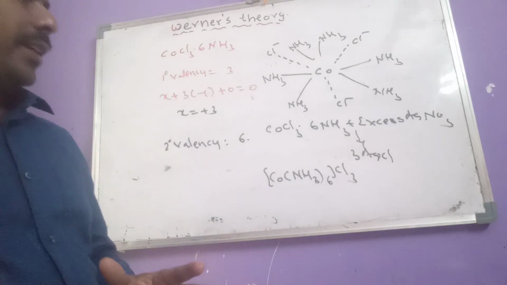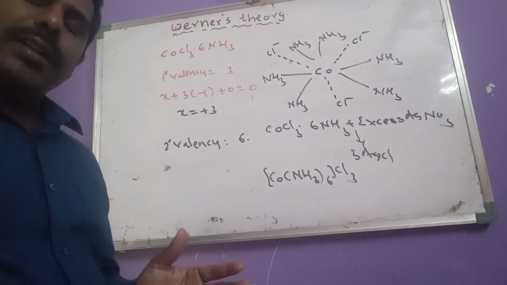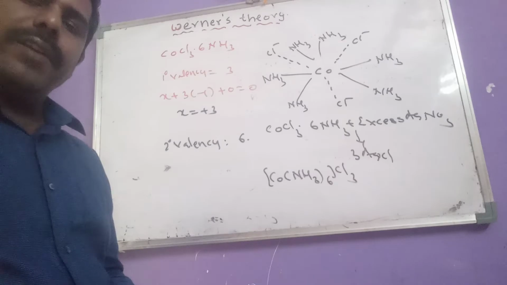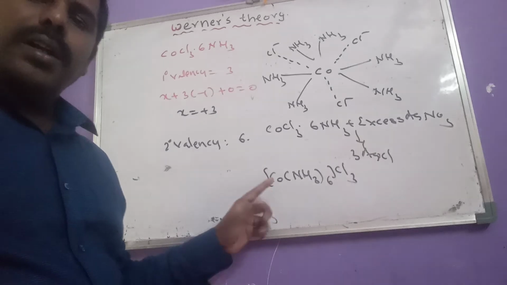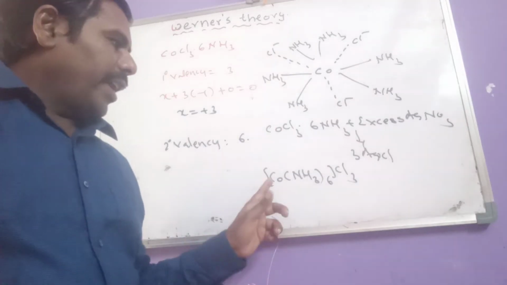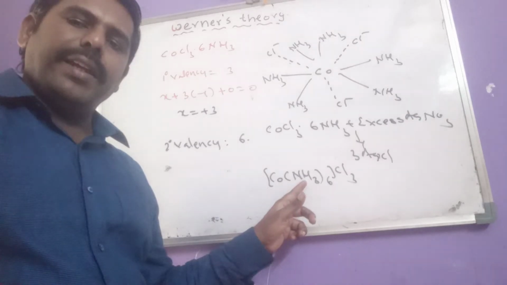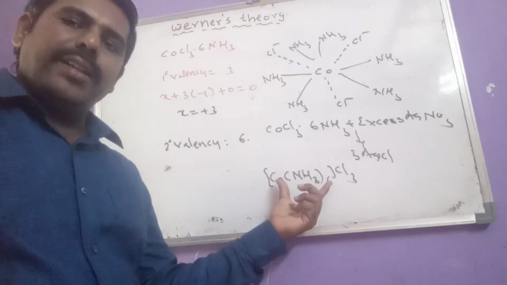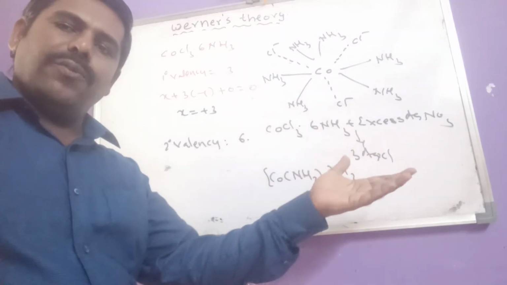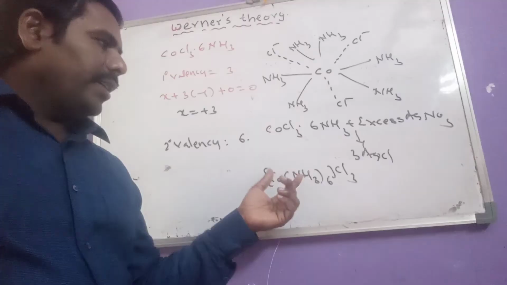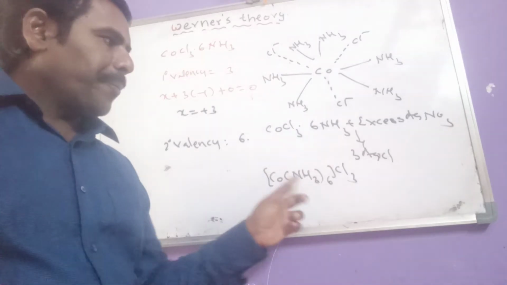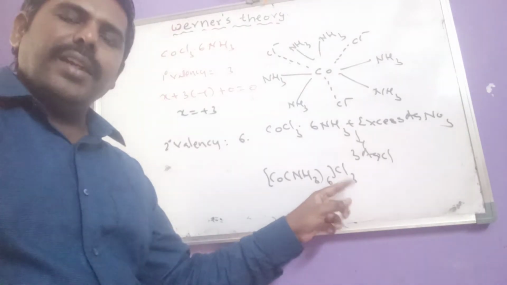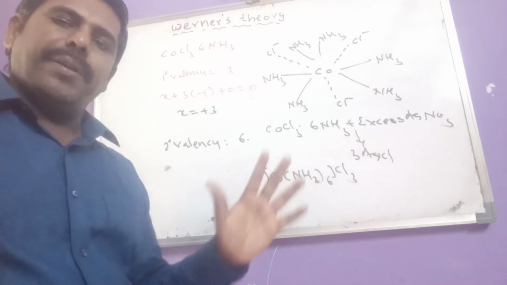Okay. In another way, if you want to understand, we can use an analogy. Consider cobalt as a king. He always needs 6 bodyguards. So these 6 bodyguards are always inside the fort, not outside the fort. Let us consider these 3 as gatekeepers.